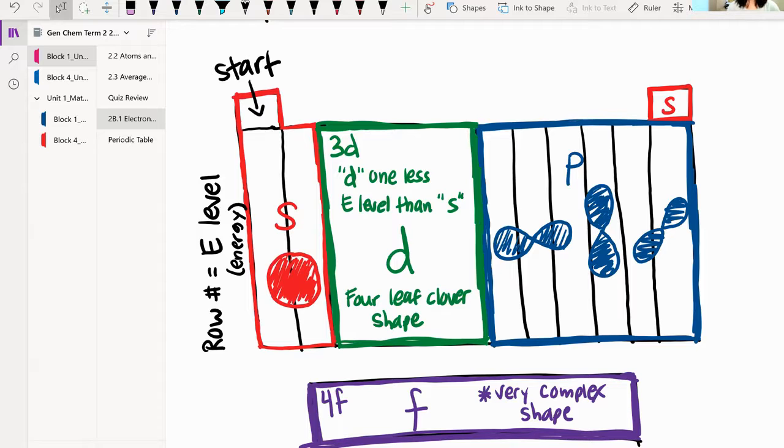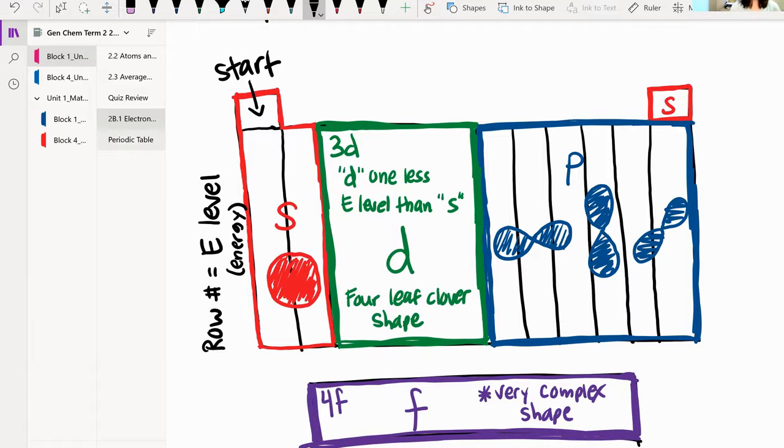This is something very tricky about Ds. The energy level of D is always 1 lower than the energy level of S from the same row. So that means on a given row, the coefficient of D is always 1 less than the coefficient of the S.